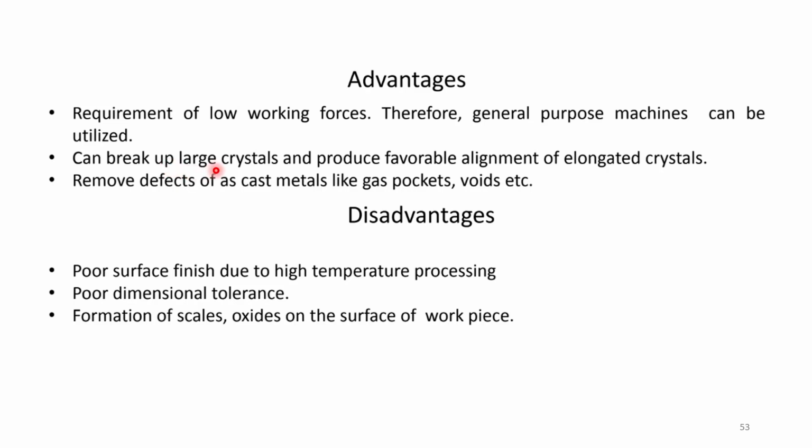Also it can break up large crystals and produce favorable alignment of elongated crystals, and it can also remove defects of as cast metals like gas pockets, voids, etc. For example, in hot rolling, you're squeezing material to a lower thickness, so if there is some porosity present, it gets compressed, and you will have a material which is much denser compared to the as cast one.